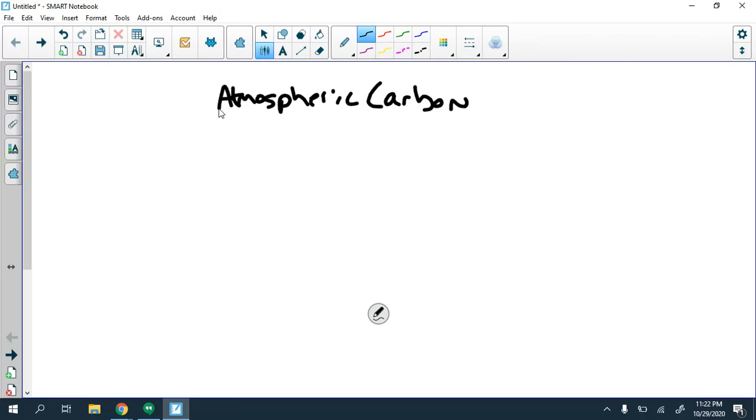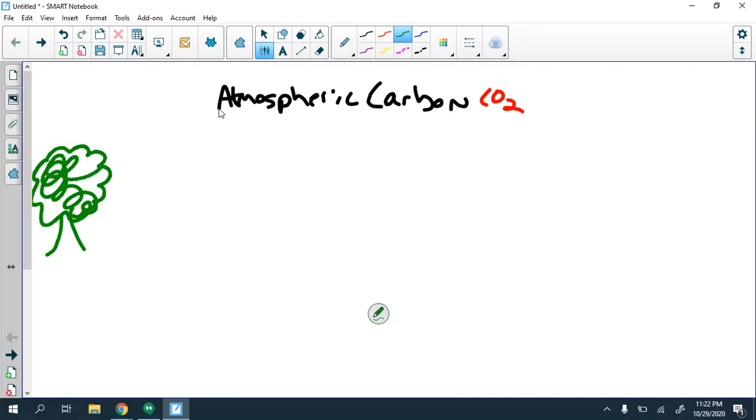Atmospheric carbon in the form of mostly CO2. We know that, mostly CO2. All right, so all the way over here, I'm going to draw just going to draw a crabapple tree.